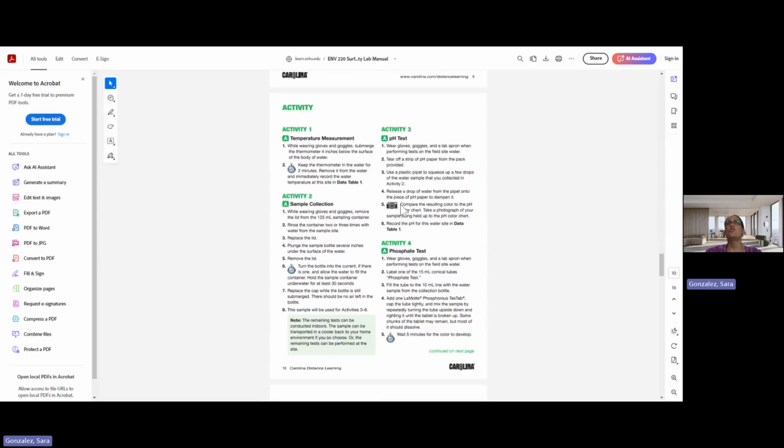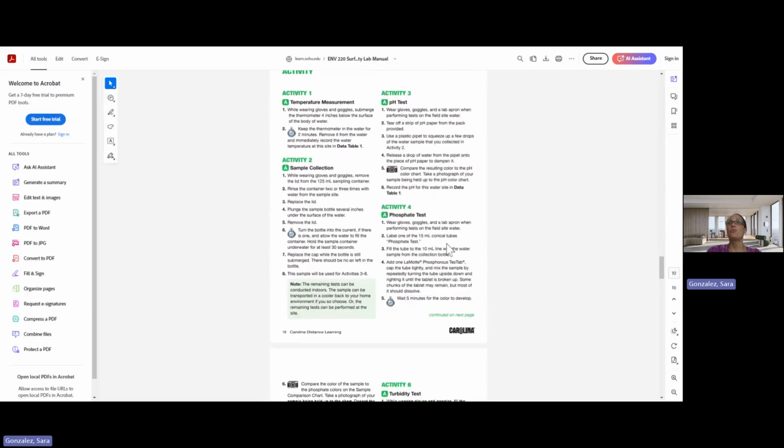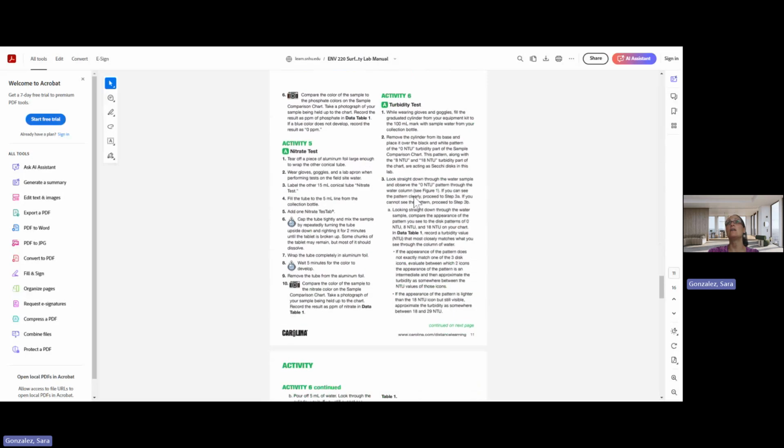One thing to pay attention to is each activity. Activity 1 is temperature measurement. Activity 2 is sample collection. Activity 3 is pH testing. Activity 4 is phosphate testing. Activity 5 is nitrate testing. Some of you who have aquariums or fish tanks might be familiar with this.